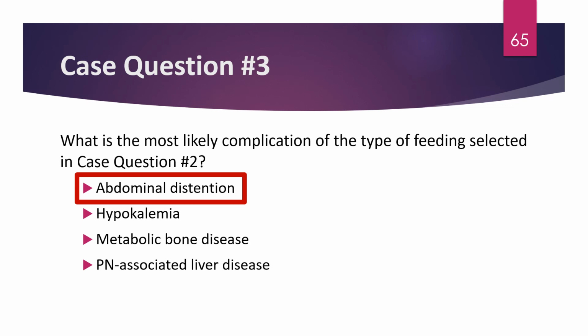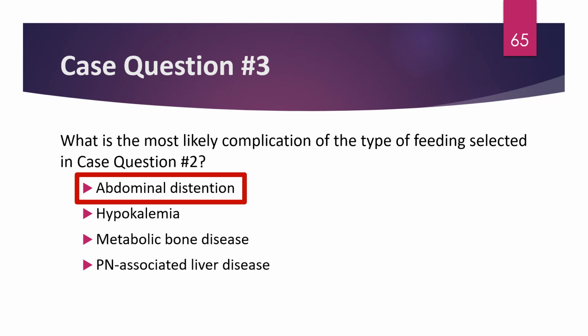An infection can happen either way, because an infection can happen with the central line or with venipuncture with parenteral nutrition, or an infection can happen related to the site of the feeding tube for tube feeding or enteral nutrition. Hypokalemia can happen as a result of refeeding syndrome, but because this patient is well nourished, it's not as likely to happen. It can happen, but it's not the most likely complication. Abdominal distension is more likely to happen.